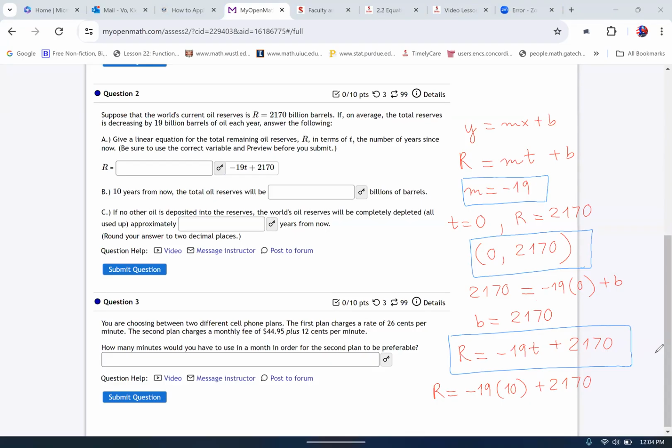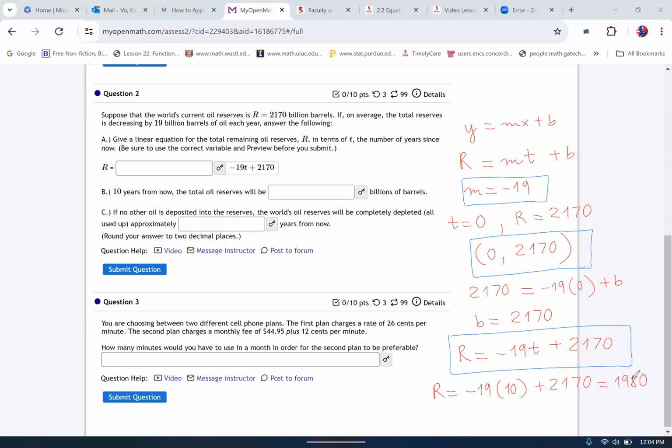So I get 1,980. So 10 years from now, the total oil reserve will be 1,980 billions of barrels.